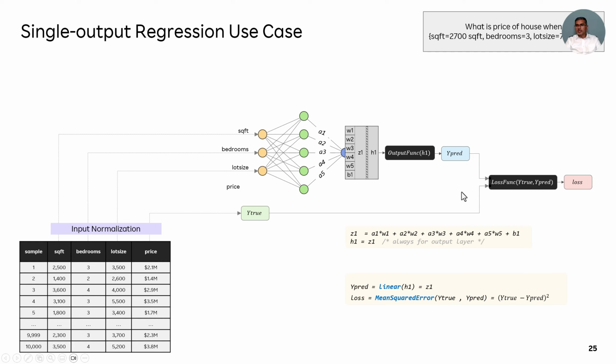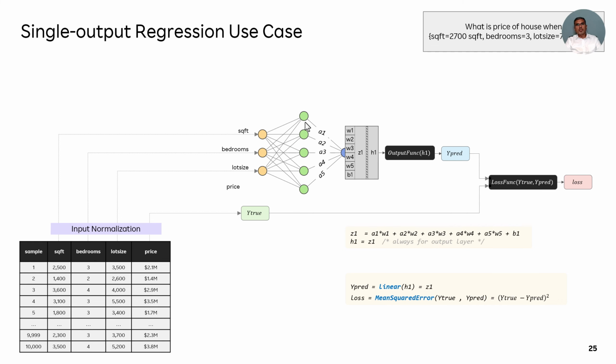Essentially, you take the true ground truth value, which comes from your training sample, you subtract the predicted value from it, and you square it. That's what the mean squared error function does. From this comes the value of a loss. Now, this loss is then used with a gradient descent algorithm to fix these weights and biases, and all the weights and biases in this layer as well.